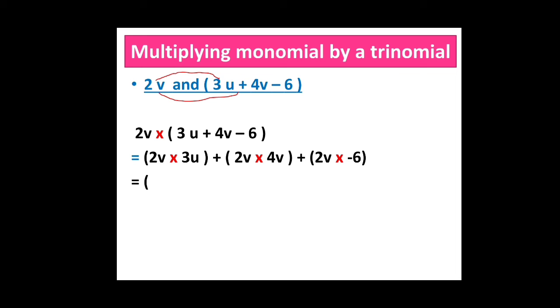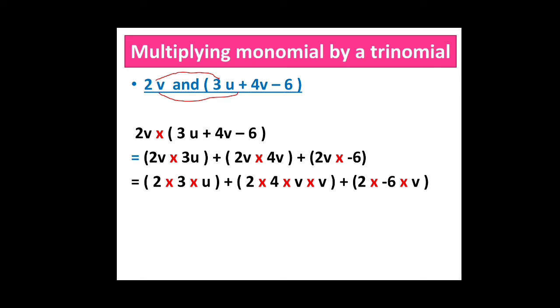So 2 into 3 into v into u plus 2 into 4 into v into v plus 2 into minus 6. So here what we are doing? We are writing all the numbers first into v.